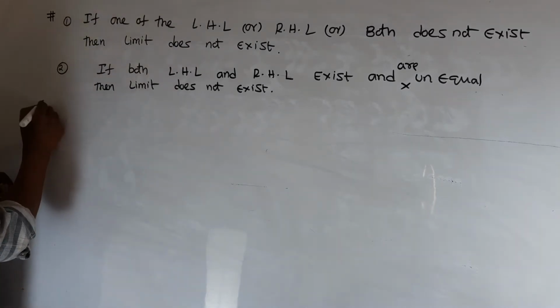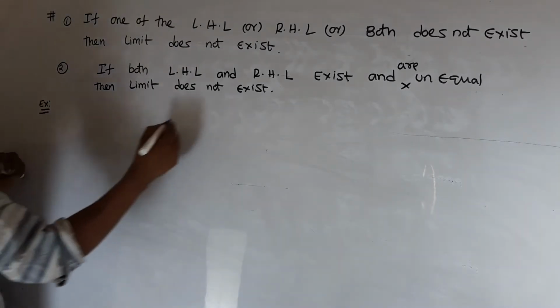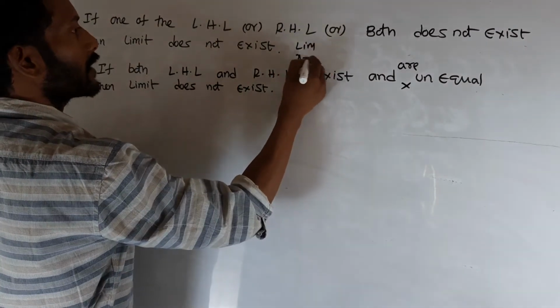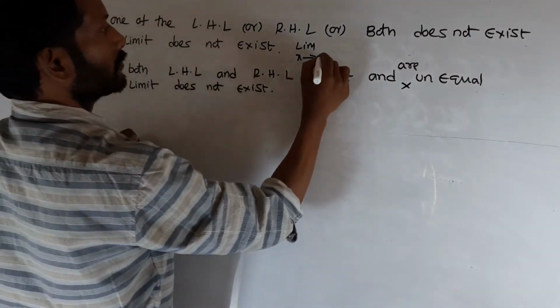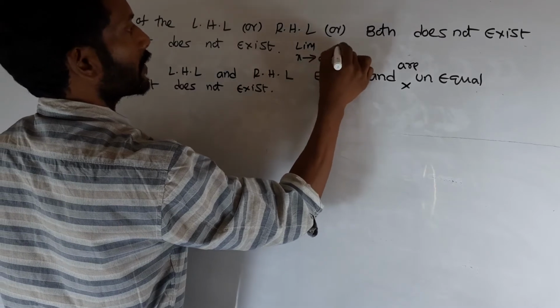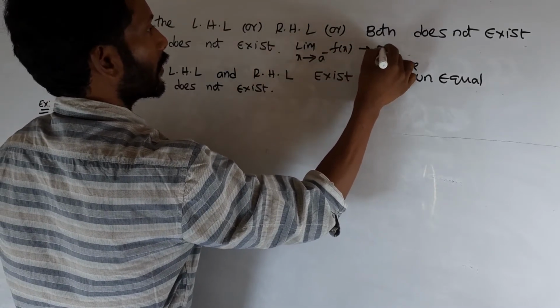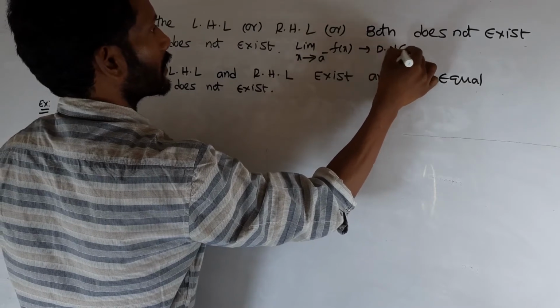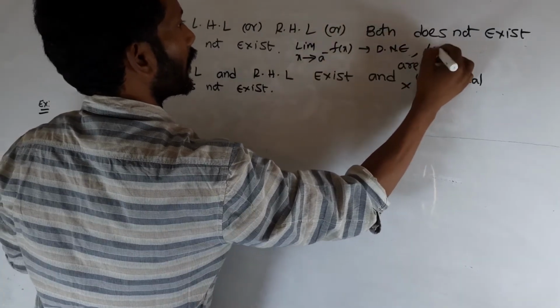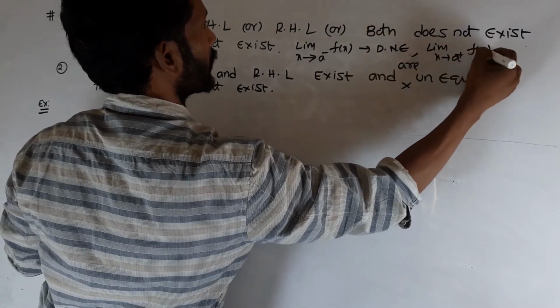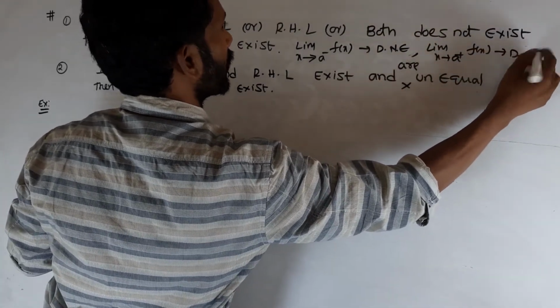One example. Case 1: limit as x tends to a minus of f of x does not exist, or limit as x tends to a plus of f of x does not exist.